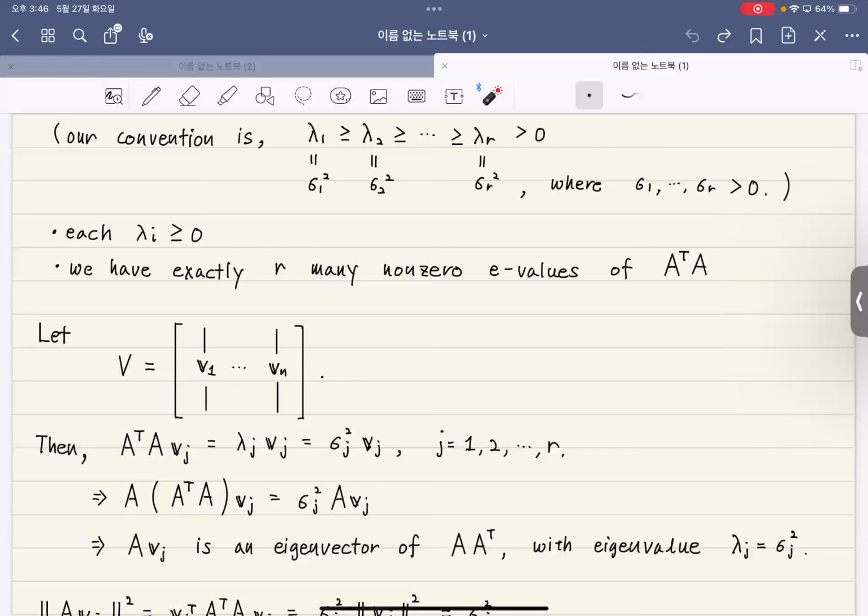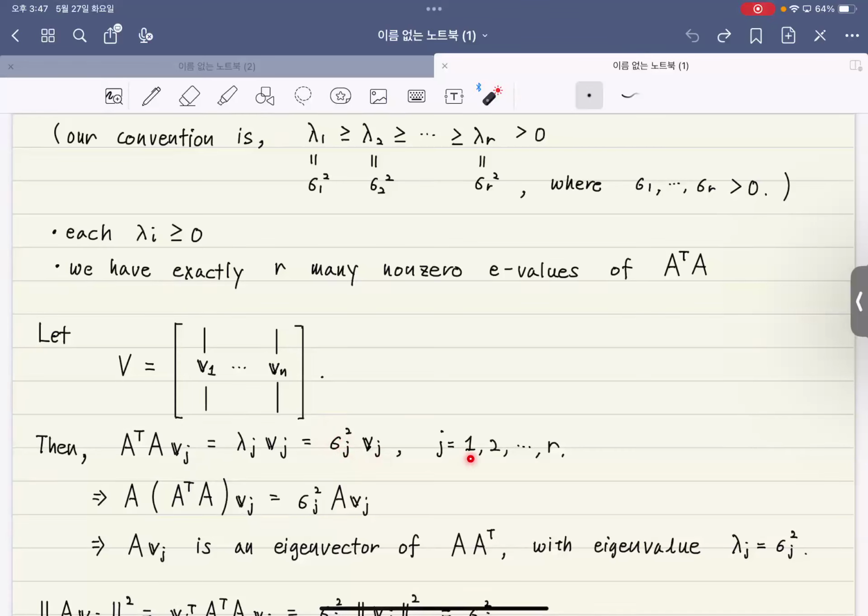Because of our construction, these vectors v1 to vn are the eigenvectors of A^T A. So A^T A times vj, since these are eigenvectors, is lambda j times vj, and by our definition of the singular values, lambda j is sigma j squared.